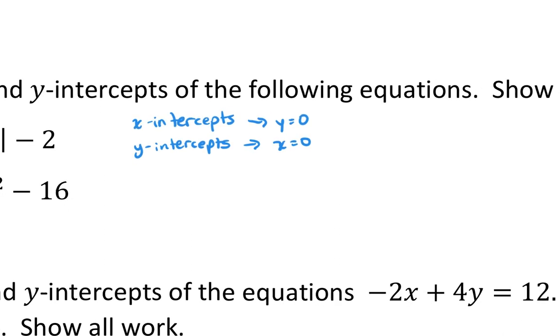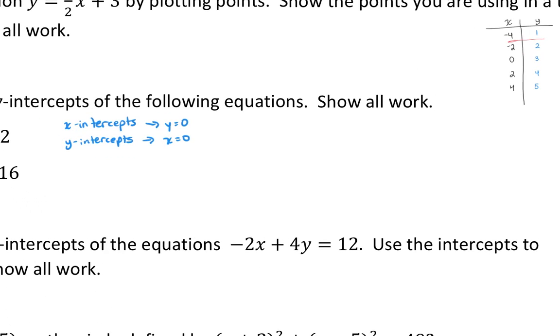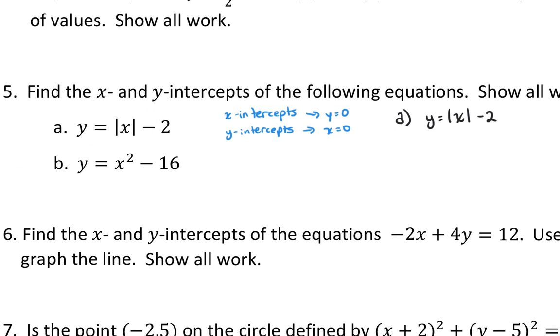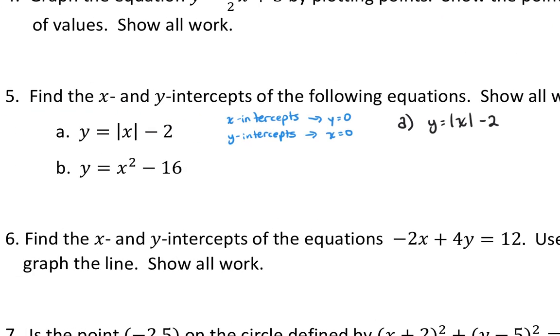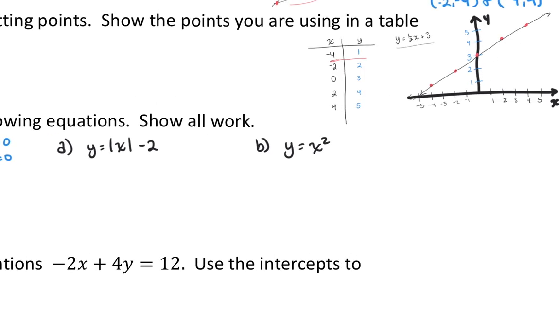So I'm going to work these out separately. I'm going to do A, which is y equals the absolute value of x minus 2, and B, I'm going to do over here, which is y equals x squared minus 16.